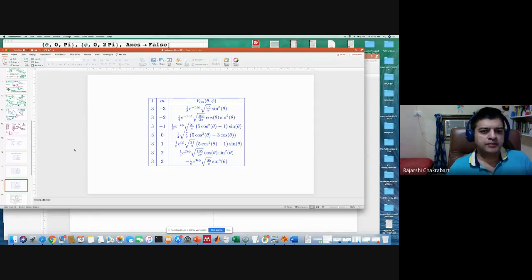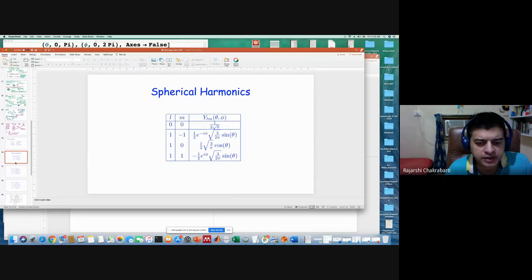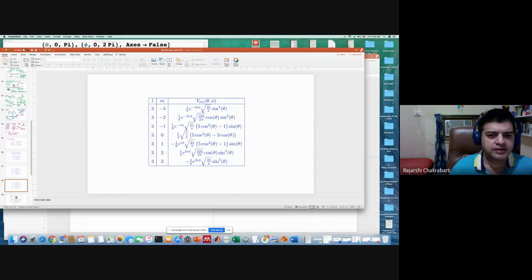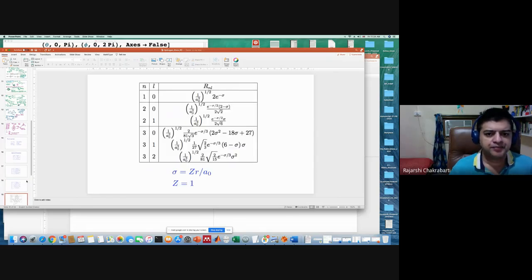L equals 1, so it has to be this, and I actually want to see the radial part exactly. Yes, so this is your radial part. You can see, the radial part is n equal to 3.